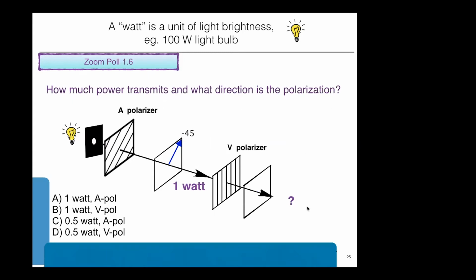What I'm going to do is stop sharing. I'm going to run this poll again. Please answer it again. And remember, the V polarizer blocks the H component.